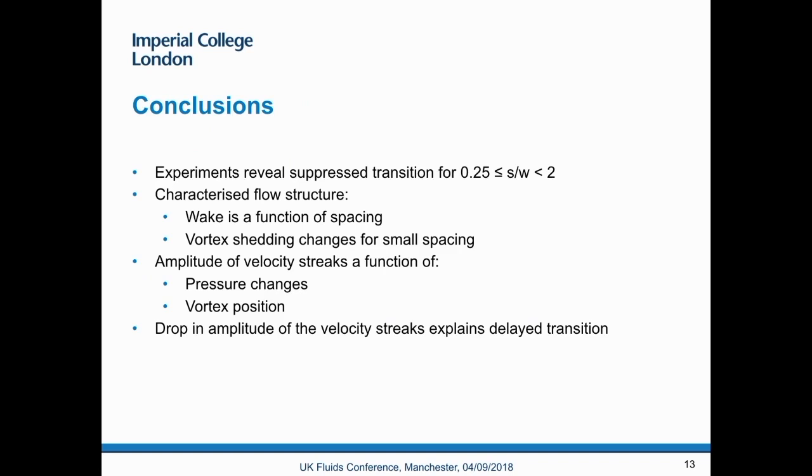I've then had a look at the amplitude of the velocity streaks, which seems to be a critical factor. They also appear to be a function of the pressure changes and the vortex position. And the drop in the amplitude of the streaks does explain the delayed transition. Thank you.